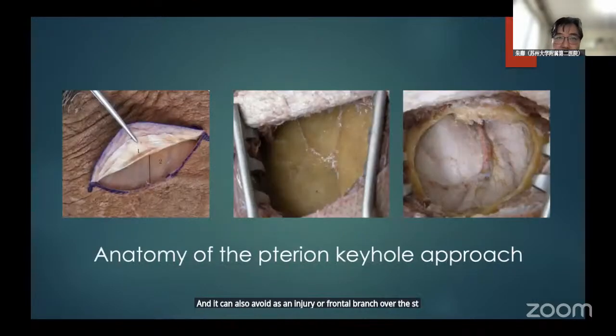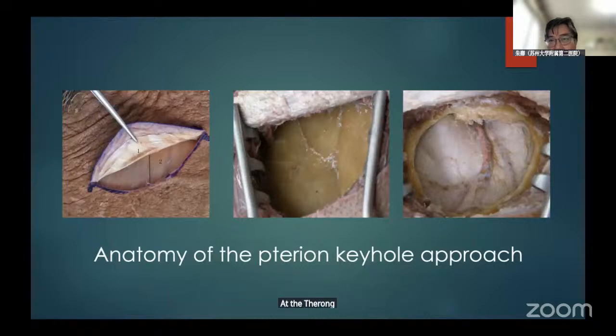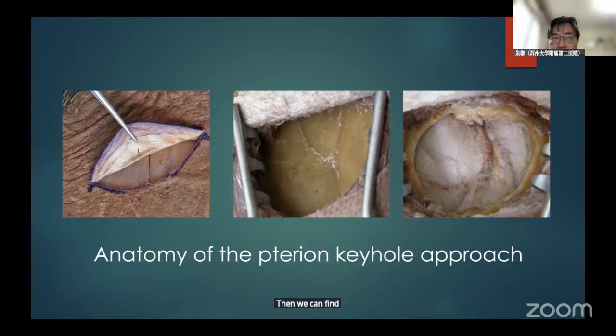We open the skin to the fascia of the temporal muscle and pull it downwards together. At the pterion, we cut the temporal muscle along the direction of the muscle fibers to minimize injury to the muscle itself. Then we can find an H-shaped bone suture. This is the pterion. Remove the small bone flap and we can see the middle meningeal artery below.